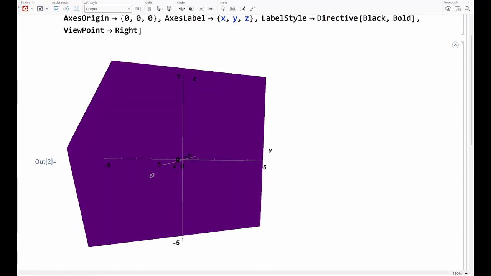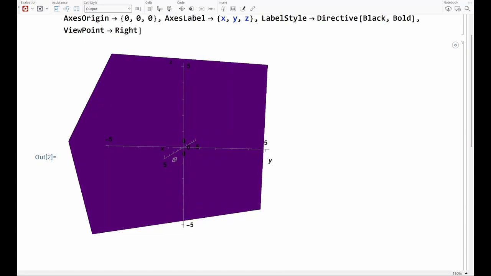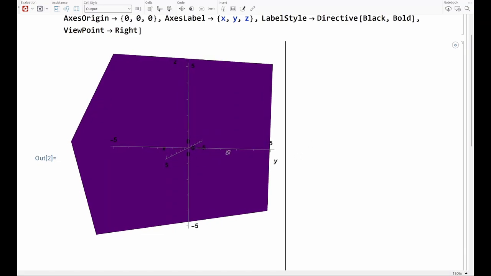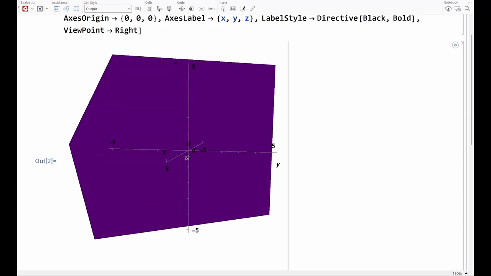And then just adjust it a little bit there. That should be good. And there's the plane. Get that X. Yep. Something like that.